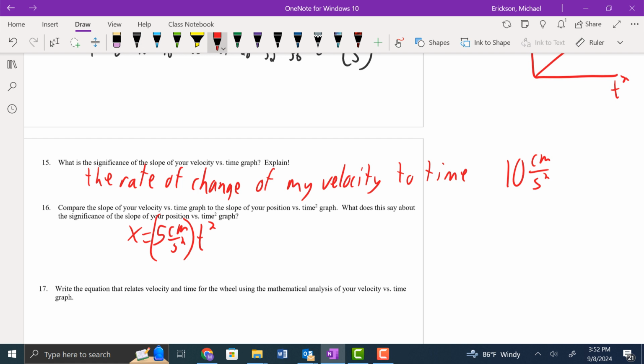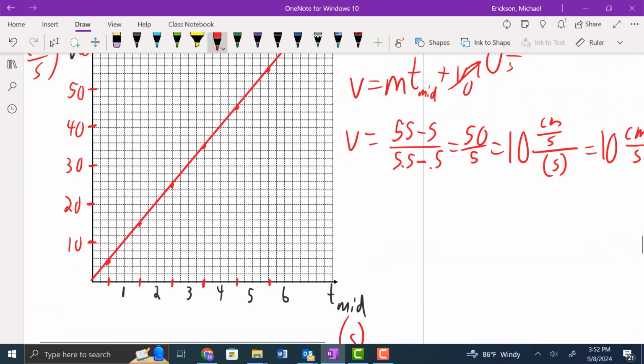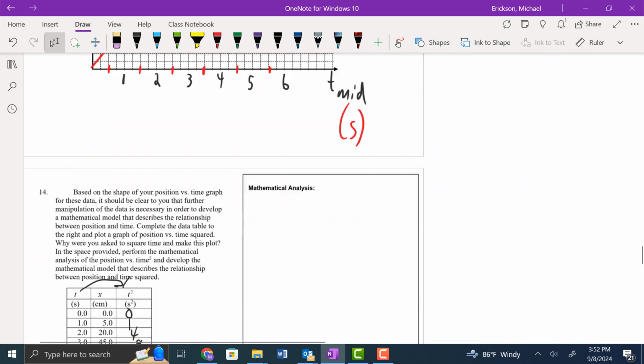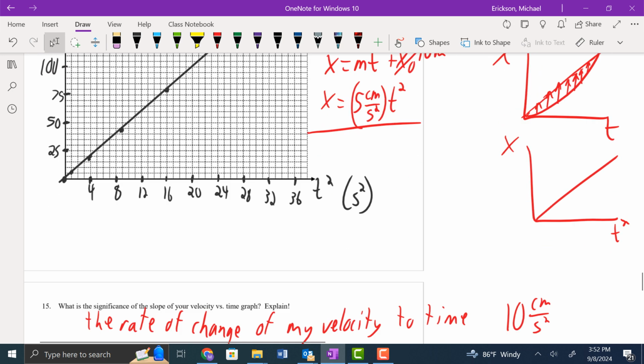And if I had different data sets and tried this experiment again, maybe I get 20 here, but I would end up getting 10 centimeters per second squared then. So whenever I do this linearization, this is one value and this is a value that's half the size if I'm trying to do a position versus time squared linearized graph.